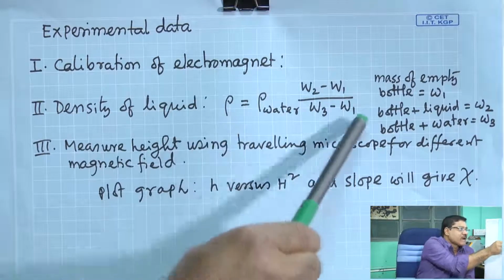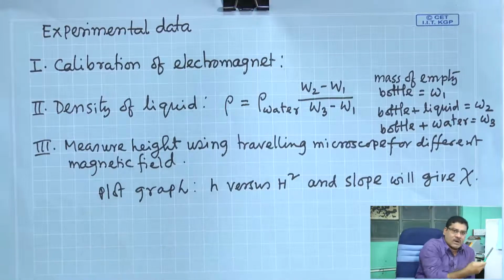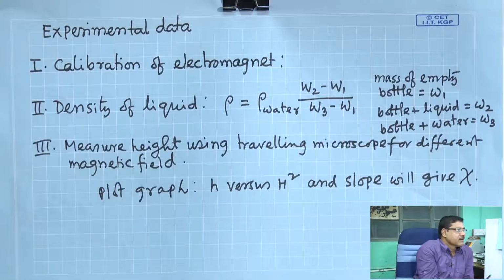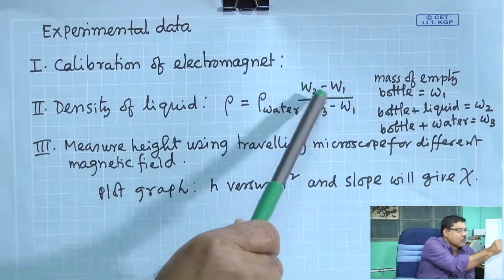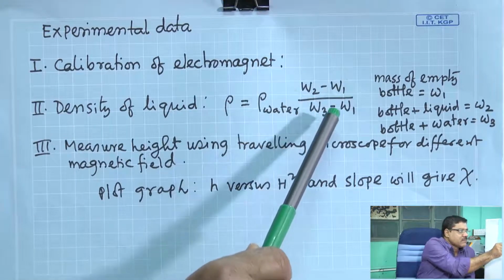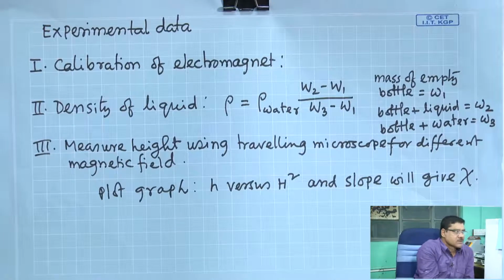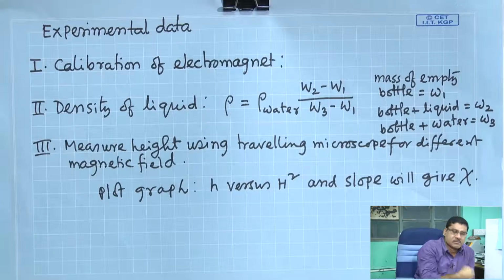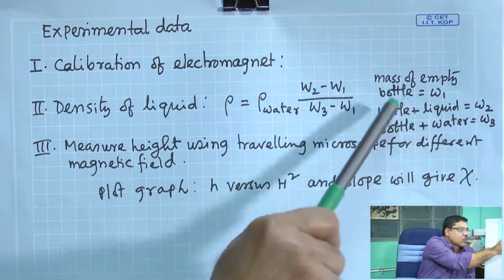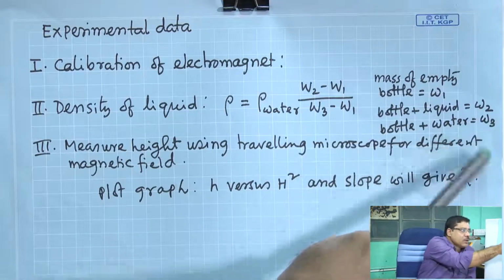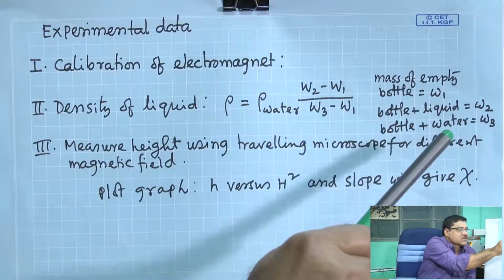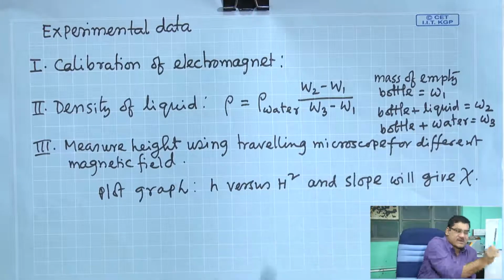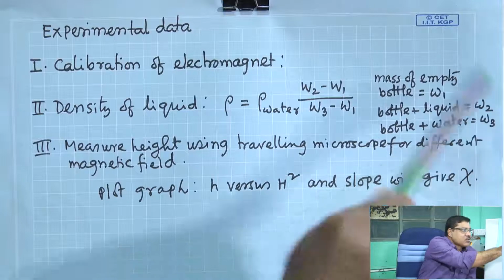Using this formula one can find it out if it is a water solution: W2 minus W1 divided by W3 minus W1. We take a bottle and weigh it, the empty bottle mass W1. Then bottle plus liquid is W2, and bottle plus water is W3.